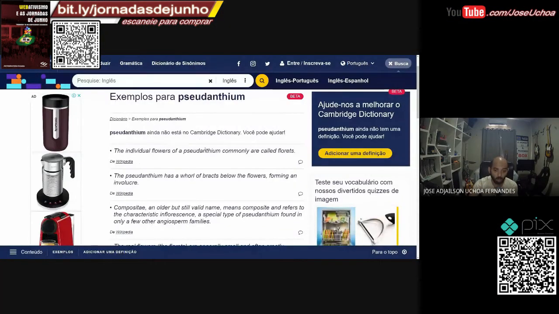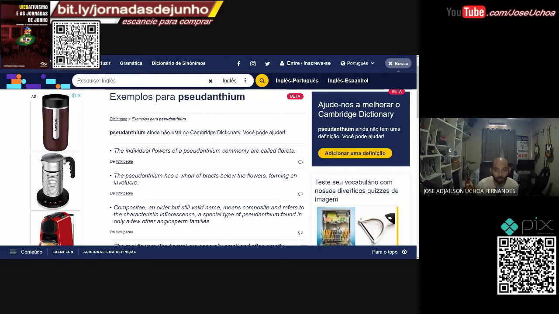You see here, pseudantium, although it's not part of the dictionary, there are examples of occurrences. The individual flowers of a pseudantium commonly are called florets. You know, cauliflower, couve-flor.